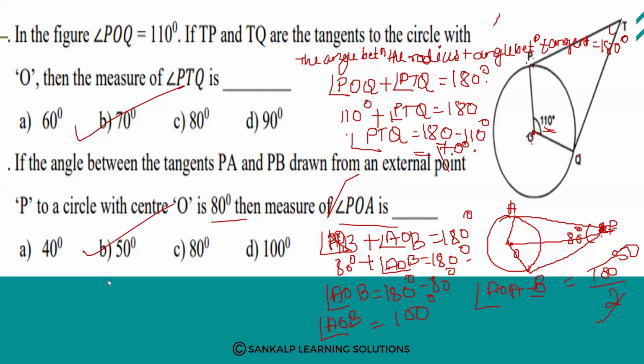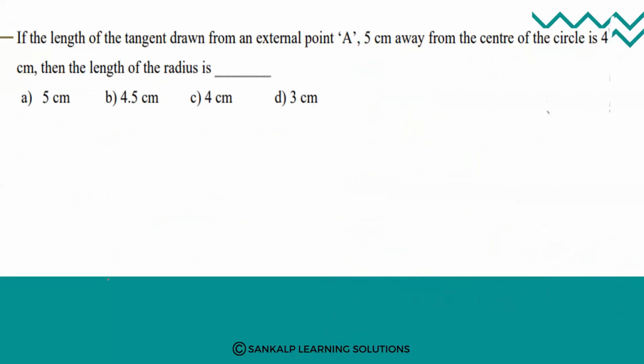So next question. If the length of the tangent drawn from an external point A is 5 centimeters, and the distance from the center of the circle is 4 centimeters, then they have asked the length of the radius. See, what they have given: one circle is there and one external point A is there, and we are drawing a tangent here.